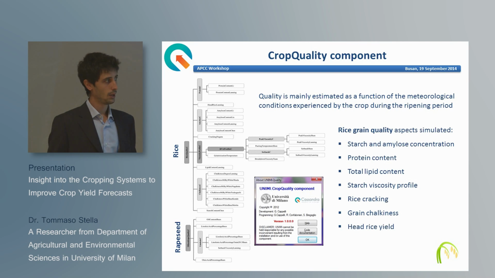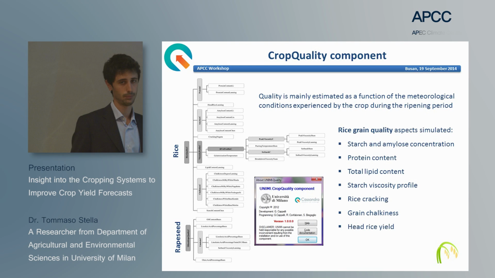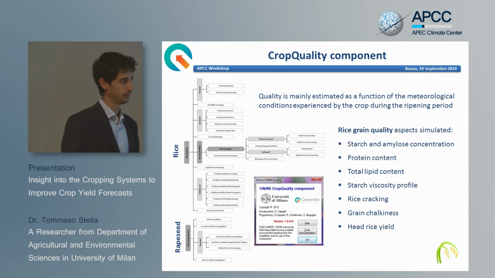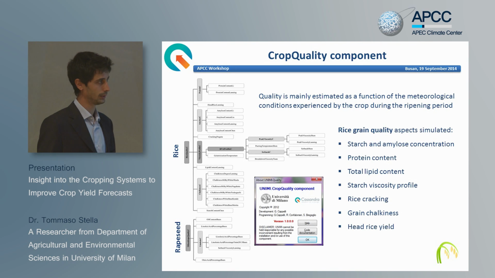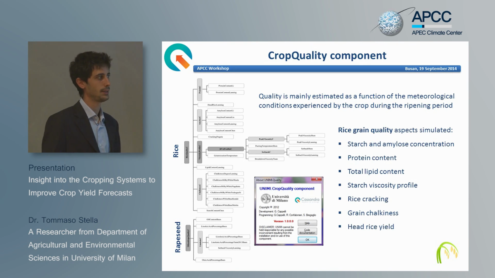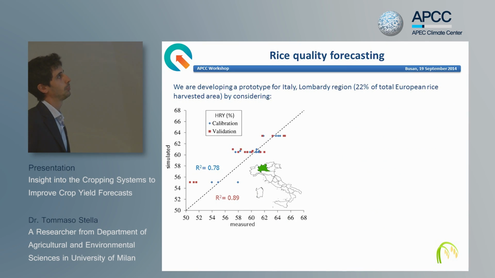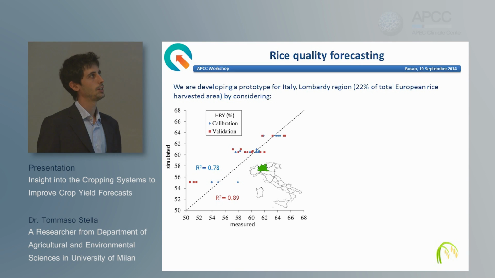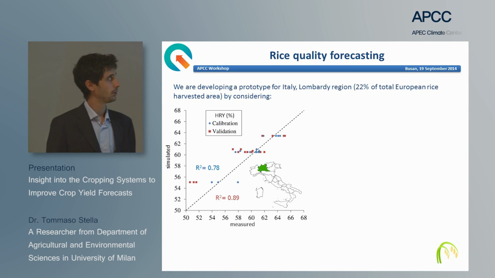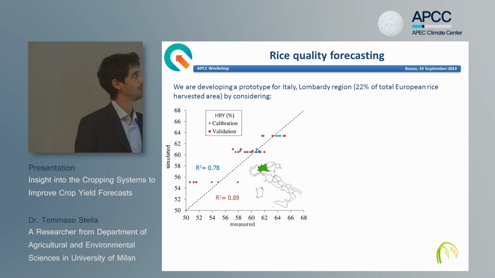There are many aspects simulated by the rice modeling solution, but we are focusing on head rice yield, which is an important milling parameter for quality. We are focusing on it because we have data, we have statistics about this variable. And so we are developing a prototype for Italy, Lombardy region, which alone covers 22% of the European rice harvested area.